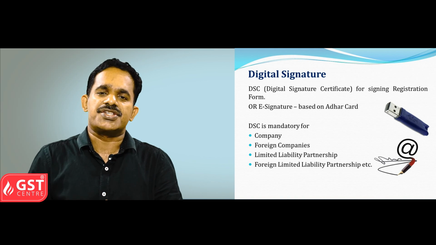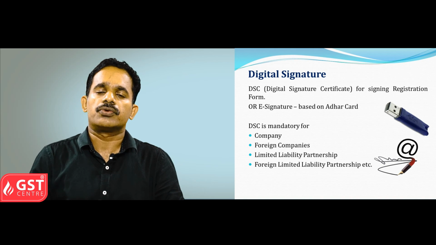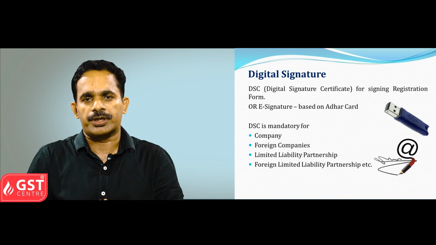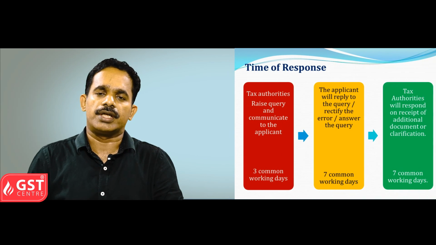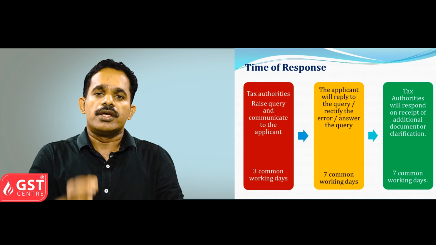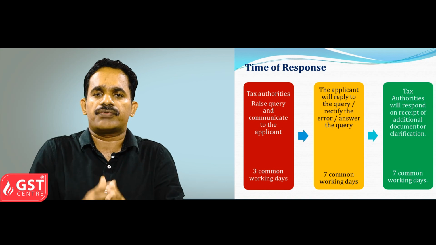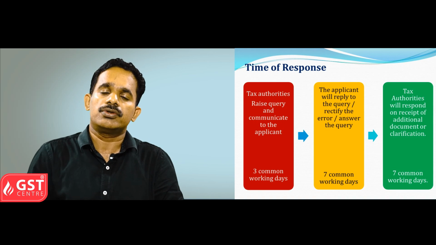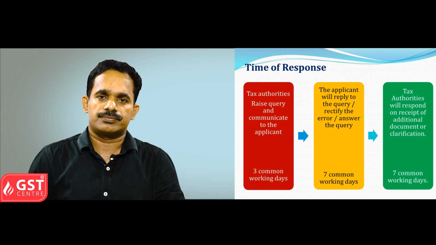After furnishing necessary information by the registrants through the GST network, that is a common portal, the proper authority should verify the documents, and if there is any error, mistake or lack of any documents, he should inform the registrant within 3 working days.